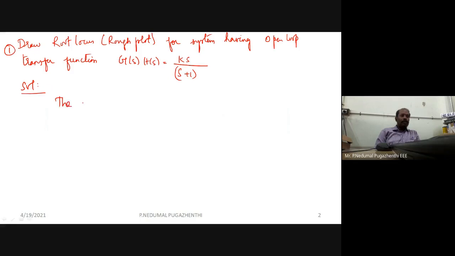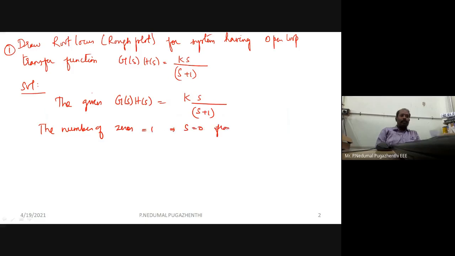The given open loop transfer function is G(s)H(s) is equal to K into s by s plus 1. The number of zeros is equal to 1, which implies s is equal to 0, from the numerator.